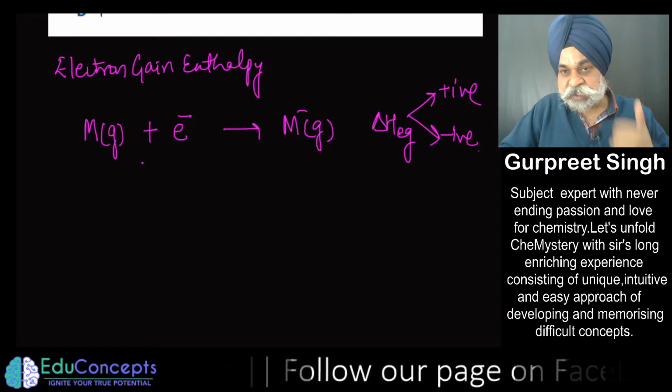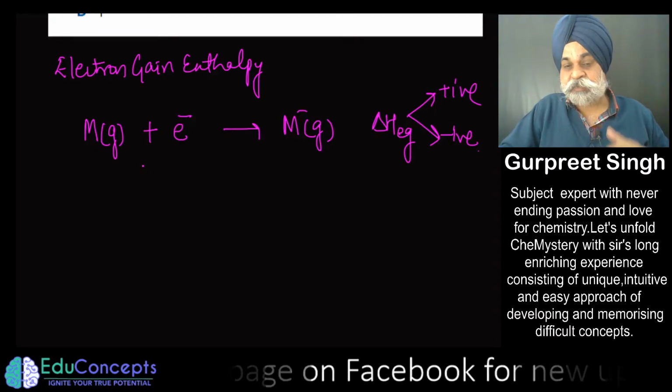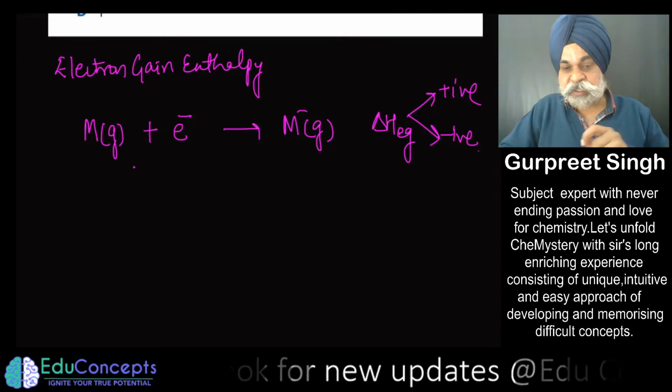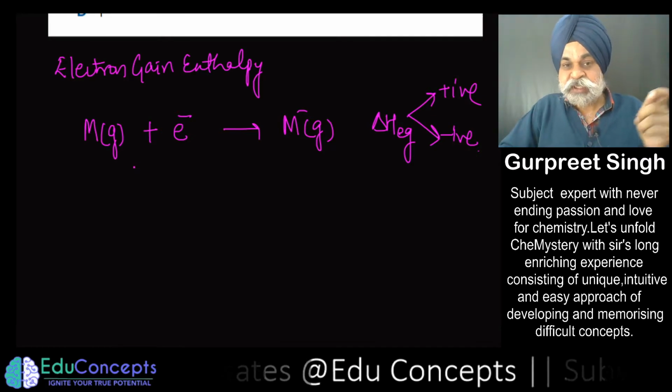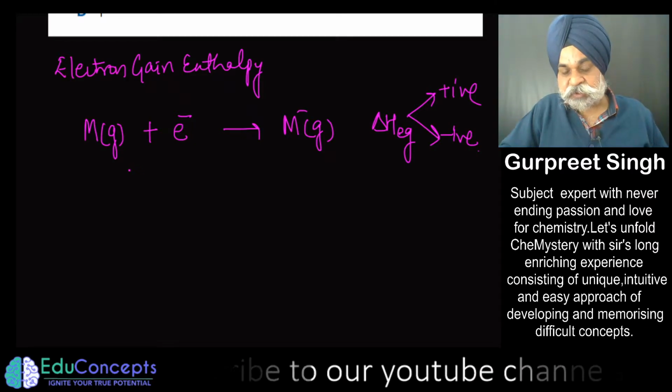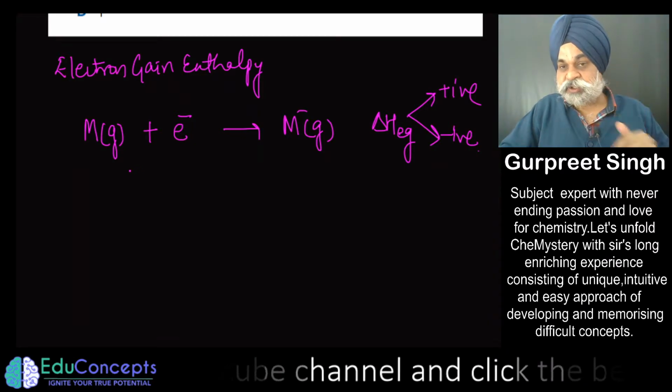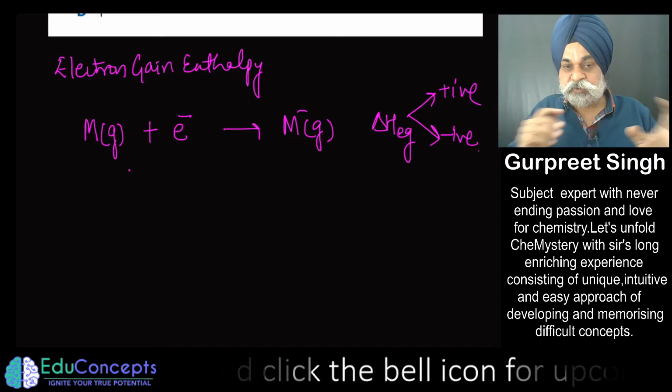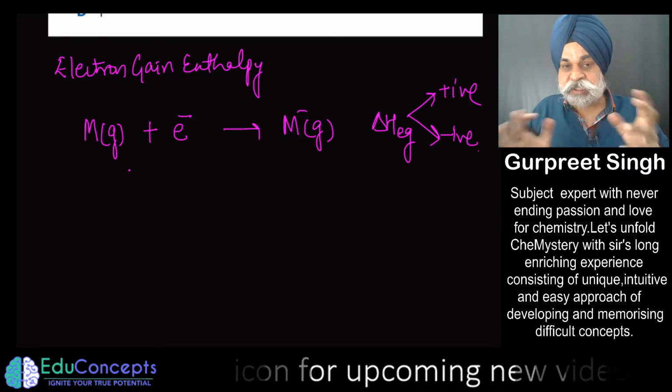If there is attraction, energy would be released, but at the same time the electron being added to the gaseous atom also feels a repulsion from the already existing electrons in it. So there is a tug of forces working.